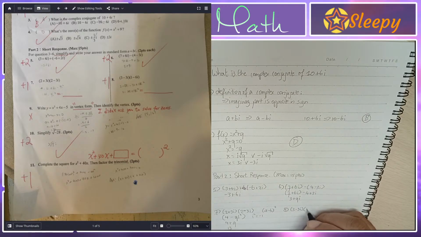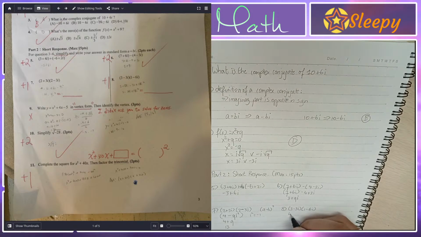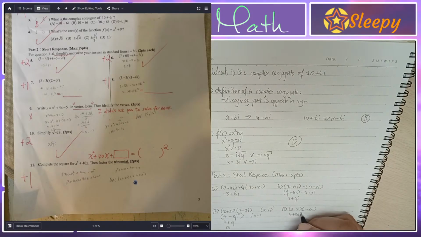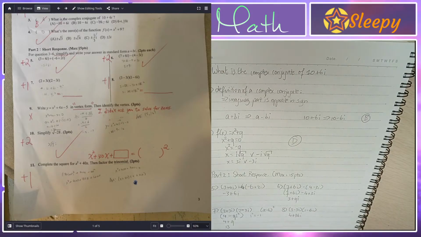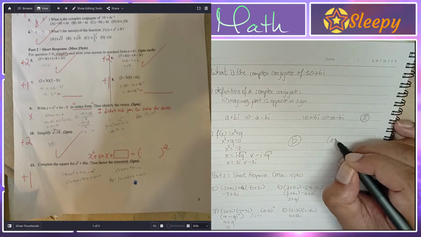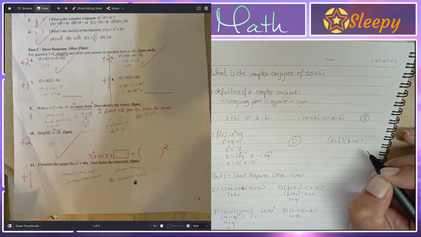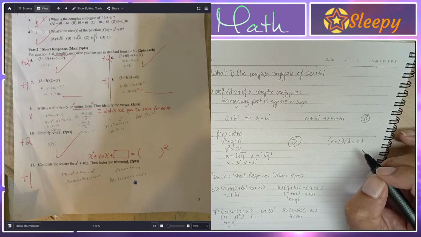So this is 4 and then 18 plus 36i, and then, oh, hang on, I've not done this for too long.